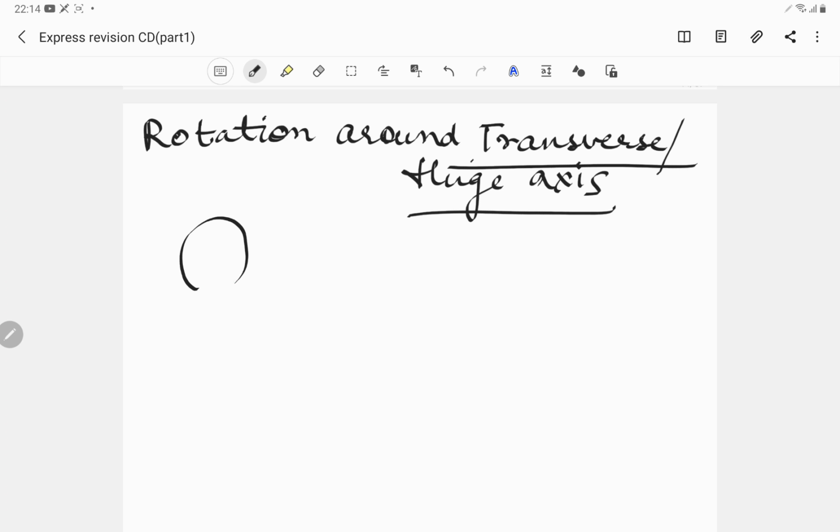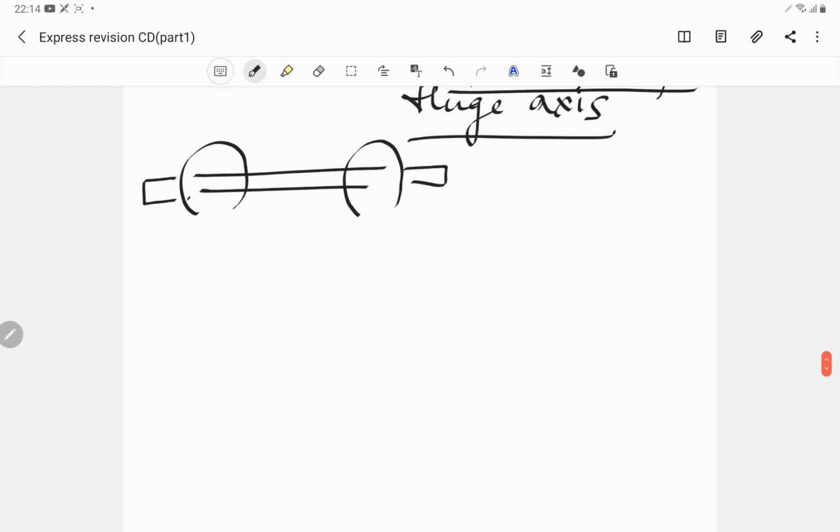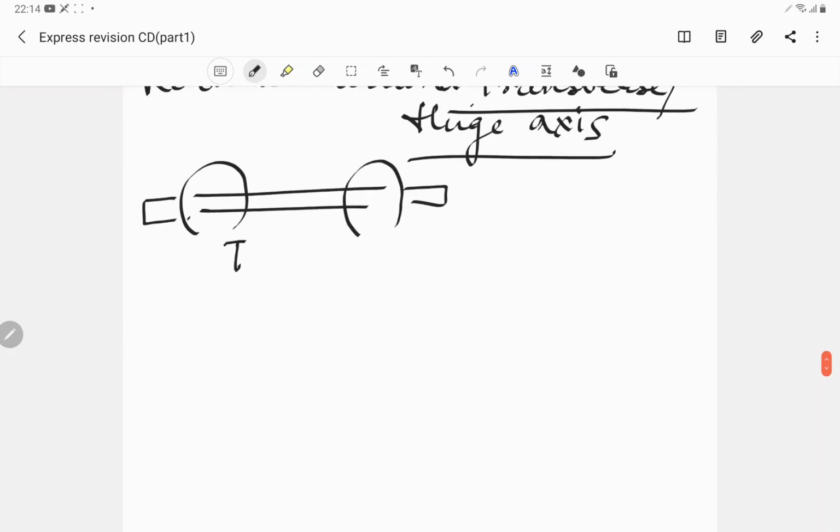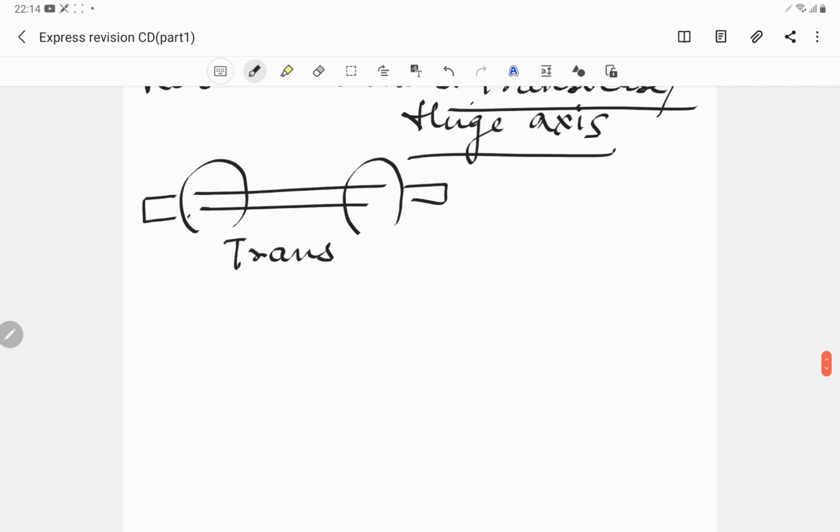So there is going to be rotation from the left side to the right side. During this, there is going to be a protrusive movement. So this is the transverse axis, and the rotation is going to be the protrusive movement. That means the mandible is going to move forward. Protrusive movement.